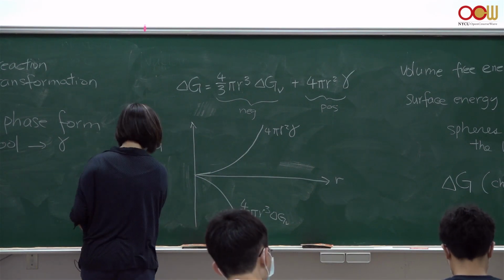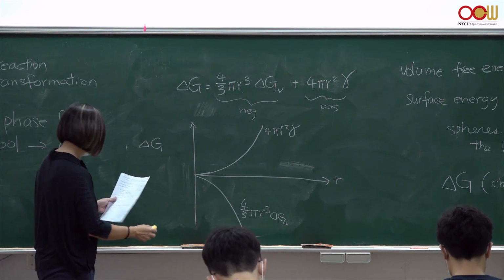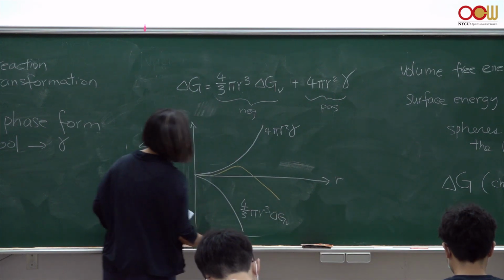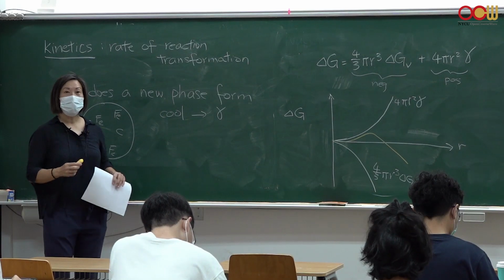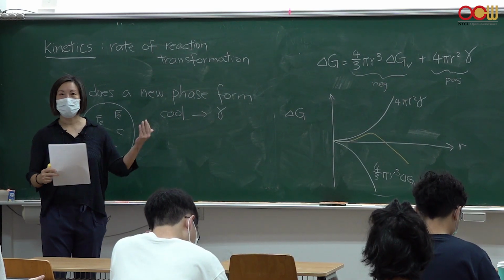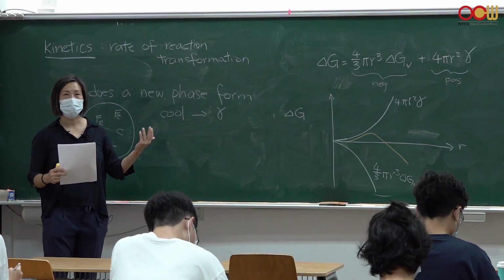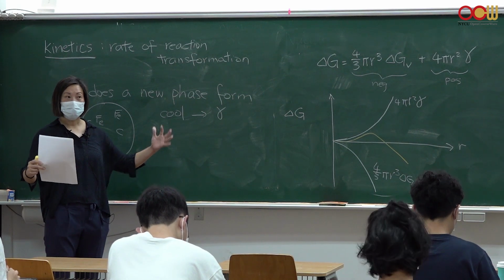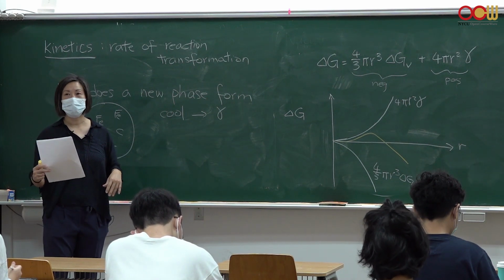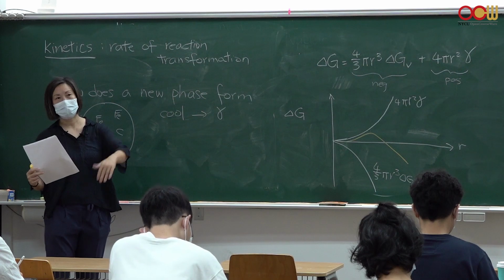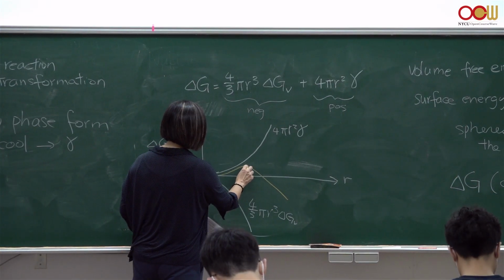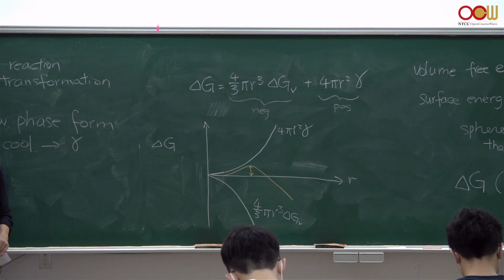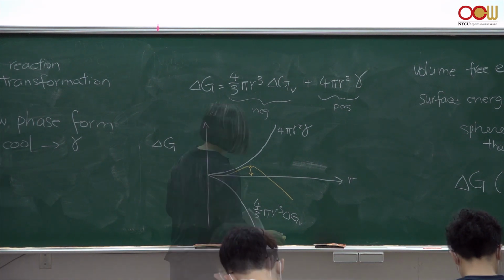The combination of the two will look something like that. Initially, I have an increase in energy as my nuclei form. But as the nuclei get bigger and bigger, the overall change in energy gets lower, or more negative. So you have some energy barrier to overcome when the nucleation happens.